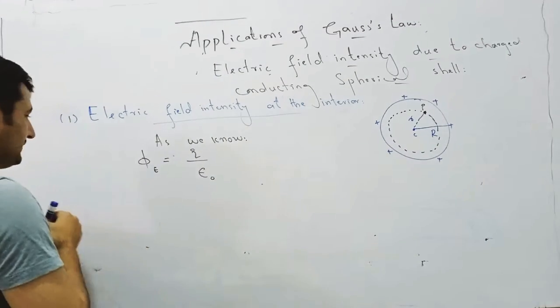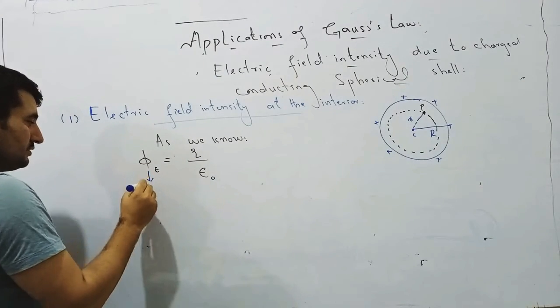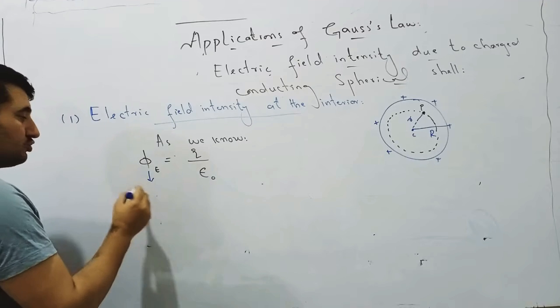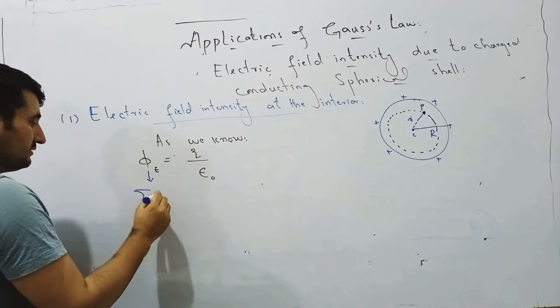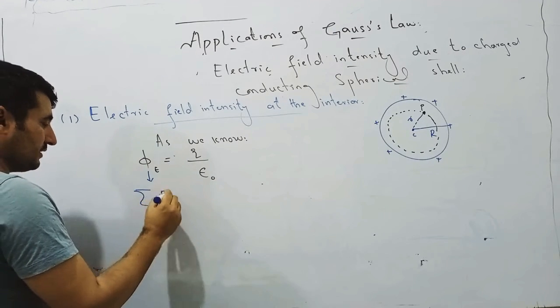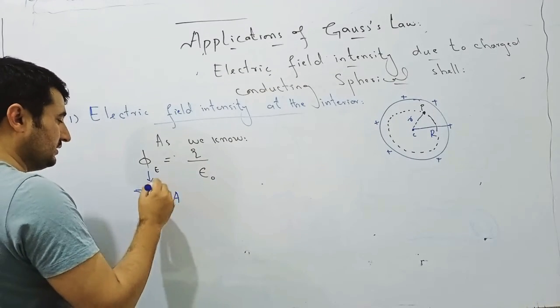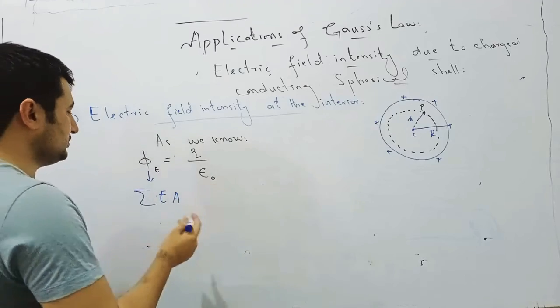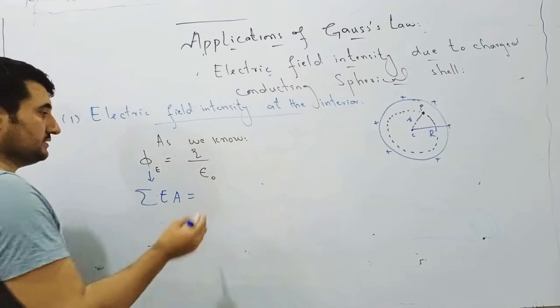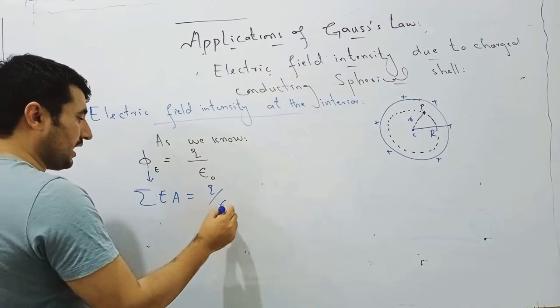This is the net, total electric flux, E dot A; let it be EA if we consider theta equal to 0 for simplicity. This is Q by epsilon naught.